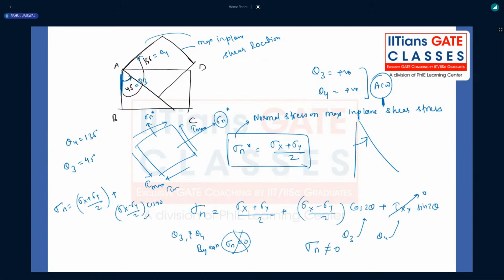Cos 90 is once again 0. So that part will be 0. So sigma n star is what? Sigma x plus sigma y by 2. That means both will be the same, right? Either you put theta 3 or you put theta 4, the sigma n star on both the maximum shear stress planes will be the same. Getting my point?